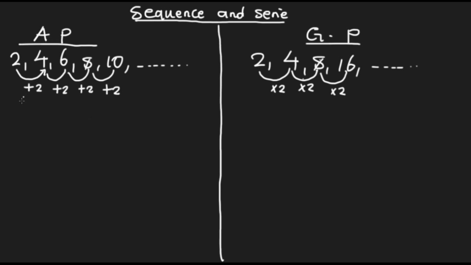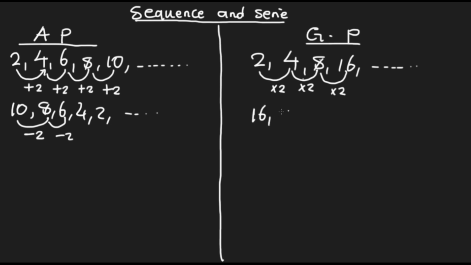Now, what of subtraction? Let's say we begin with 10, 8, 6, 4, 2. From 10 to 8, 2 was subtracted. So, addition and subtraction are associated with an arithmetic progression. Now, let's say we have 16, 8, 4, 2.